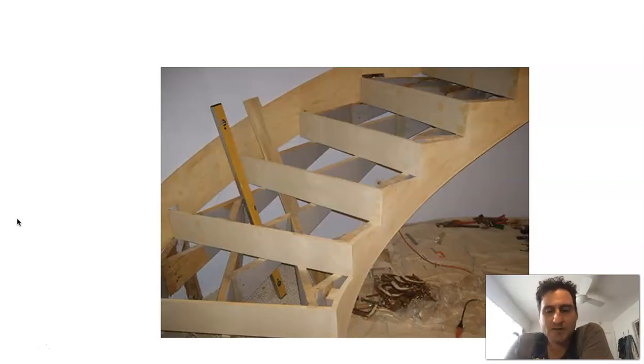A finished carpenter might also build a staircase. In this case, this is a curving staircase, which is pretty tricky, and a good time to remind people that if you like detail and you really like things to fit together really nicely, you might be more of a finished carpenter than a rough carpenter. Stairs in particular can be extremely tricky.